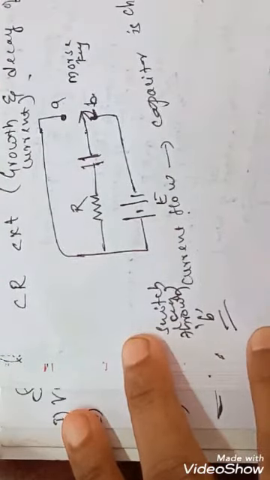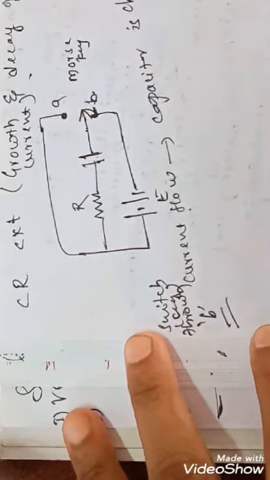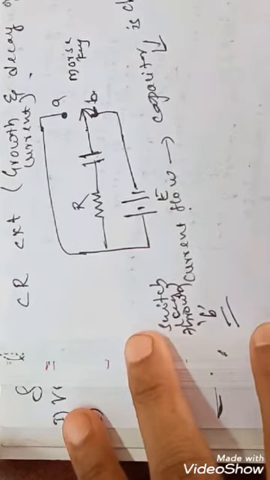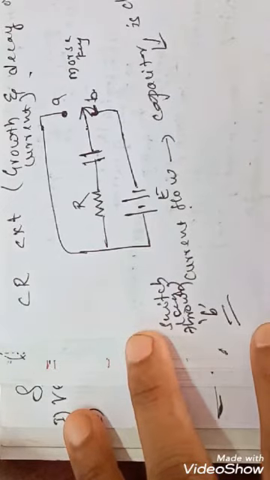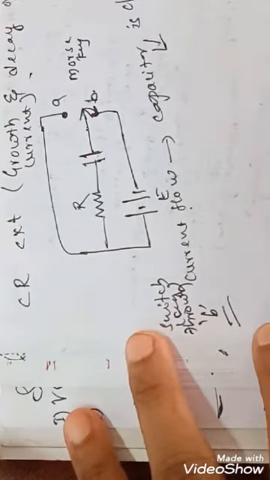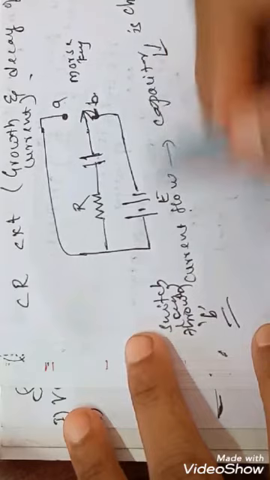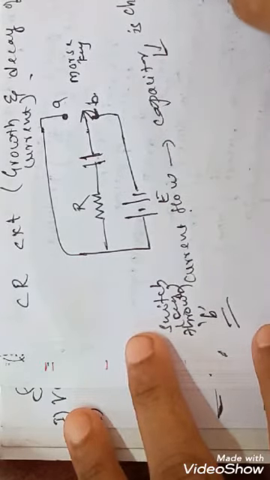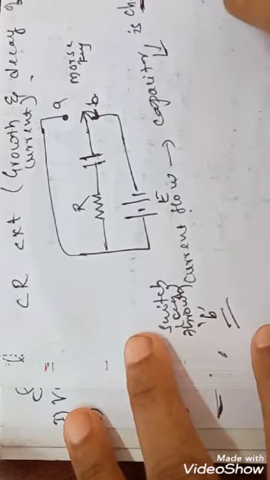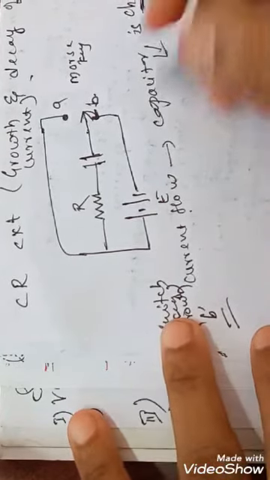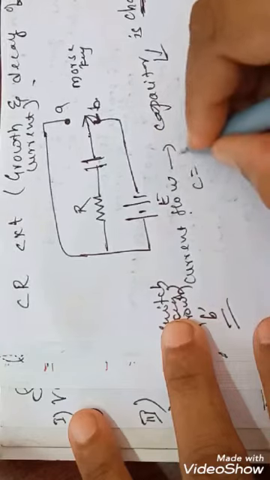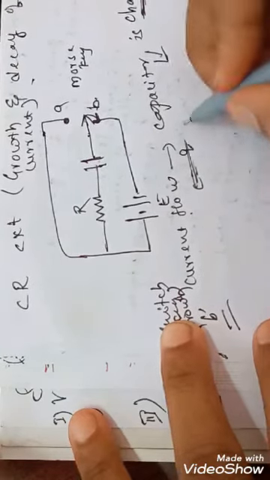It is not sending the current in the circuit, but it is taking the total current for its charging. So that is nothing but opposition created to the current, no? Whatever voltage or EMF we supplied, it is taking that EMF for its charging. Now the capacitor has started charging.